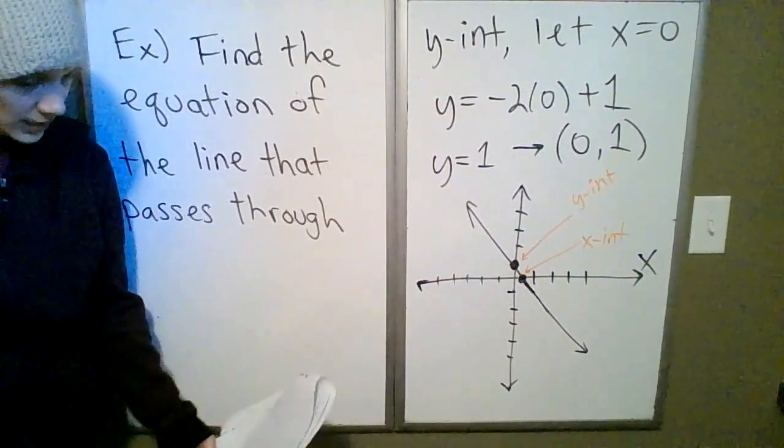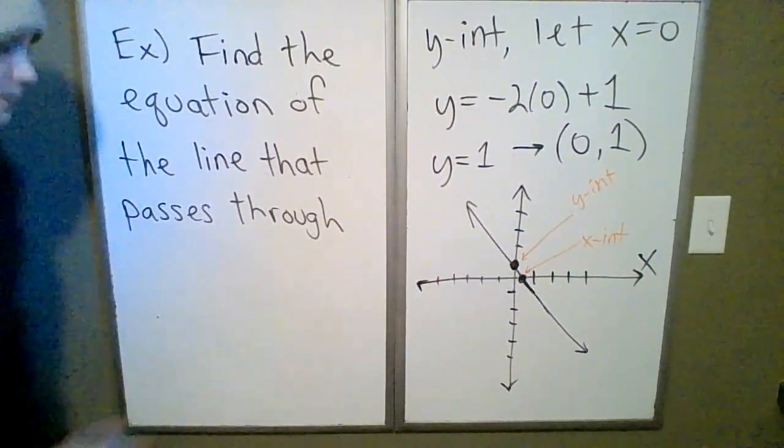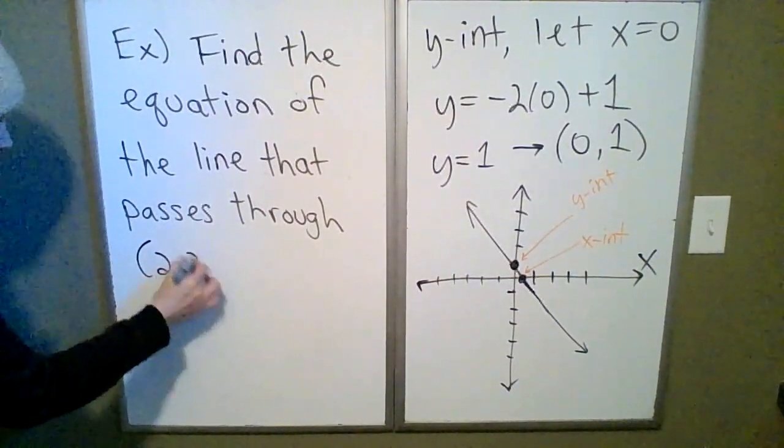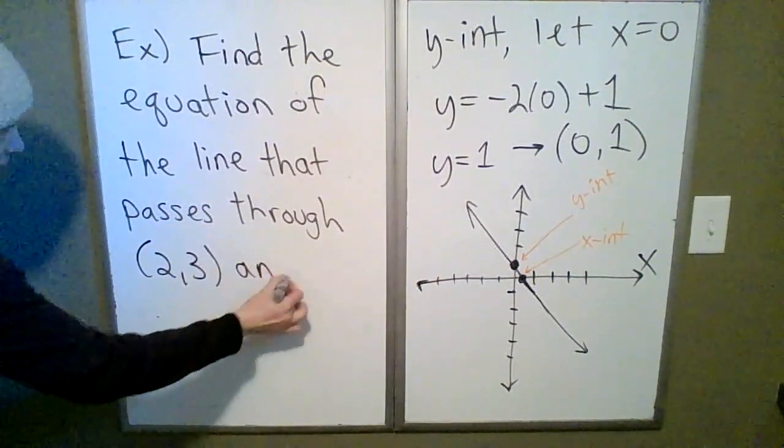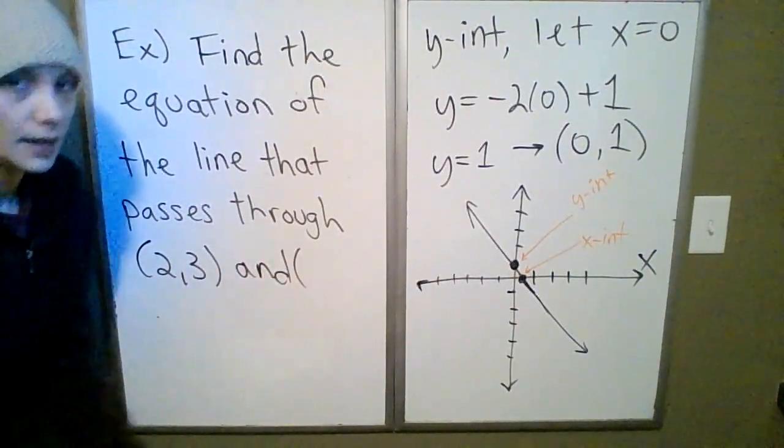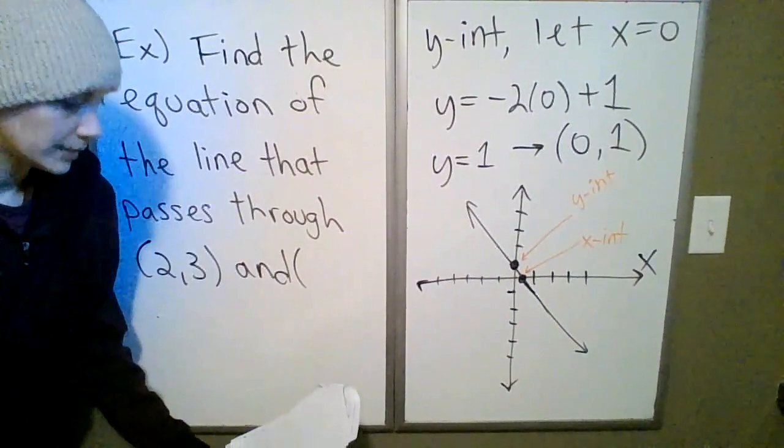Okay, the first point is 2, 3. The other point is 0, -5.